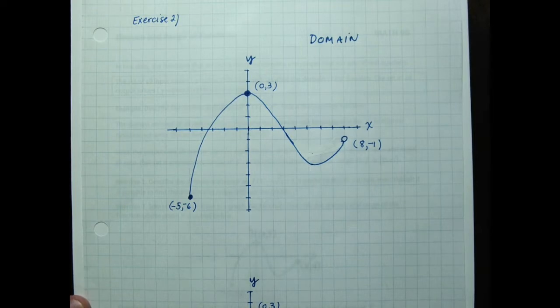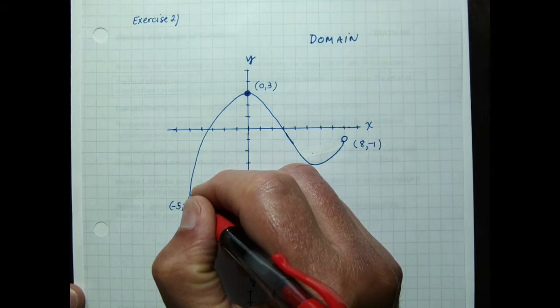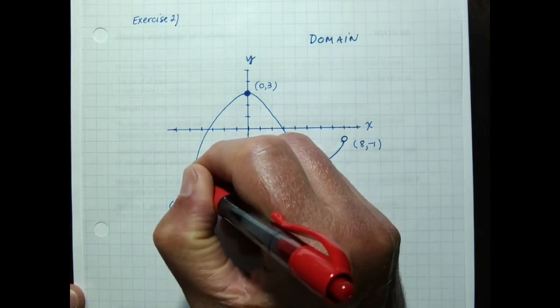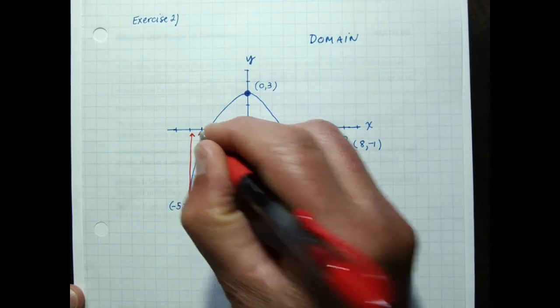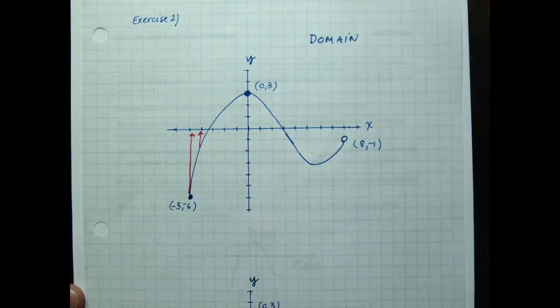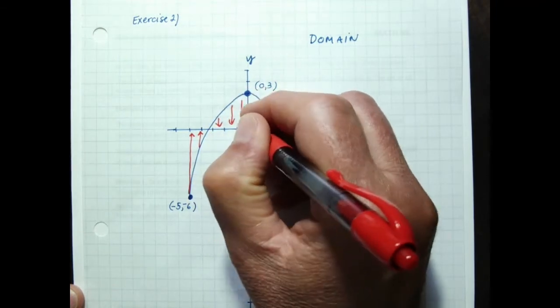We'll be able to describe this with an interval. And the way we can visualize that is to take points on the graph and project onto the x-axis. If we're below the x-axis, we project up. If we're above the x-axis, we project down onto the x-axis.